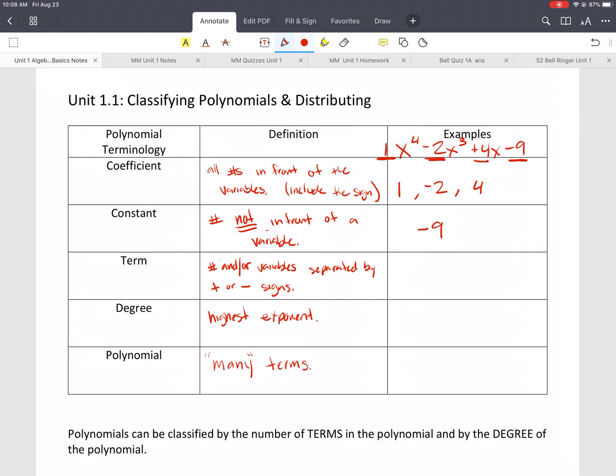So for example, let me change my color. This would be a term. Let me erase that one. That would be a term. This would be a term. This would be a term, and this would be a term.